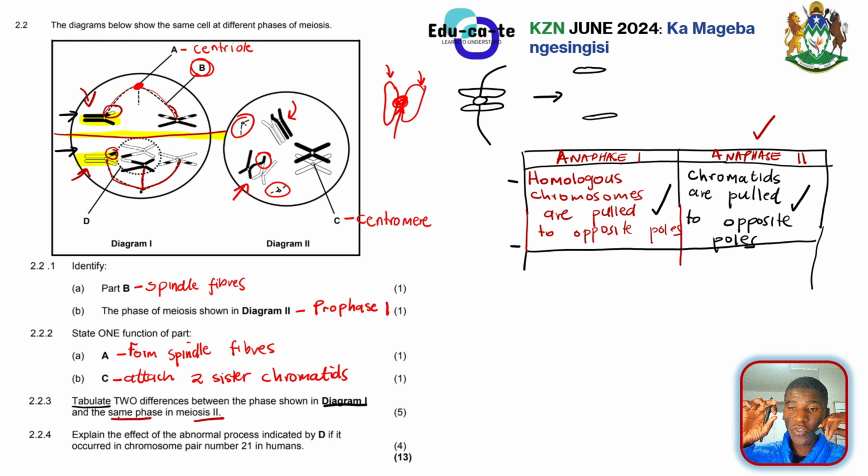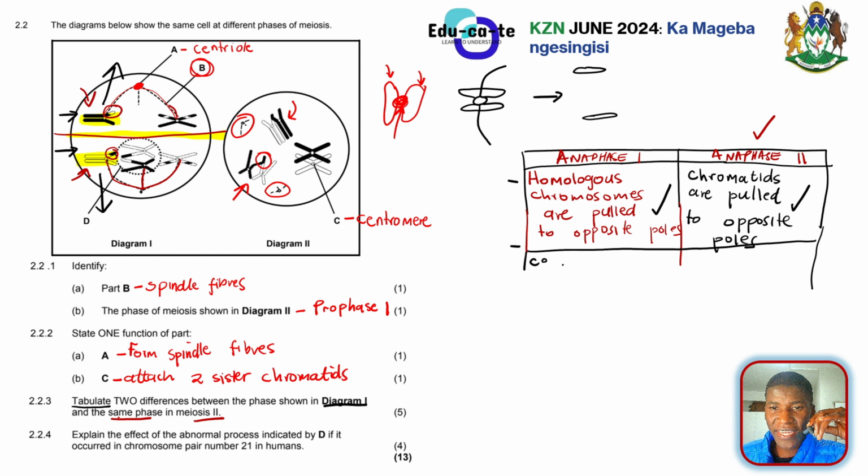For us to be able to separate two chromatids, the centromere must split. But in anaphase 1, we don't really need to split any centromere. It's all a matter of pulling one chromosome up to the upper pole and pulling another chromosome to the pole that is below. So basically the difference here is that the centromere doesn't split.